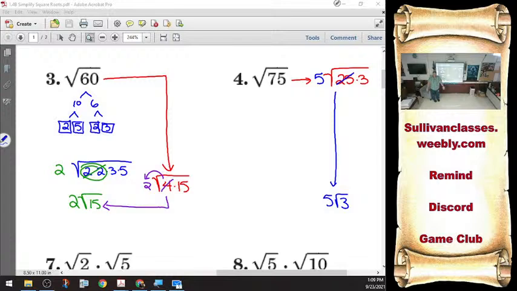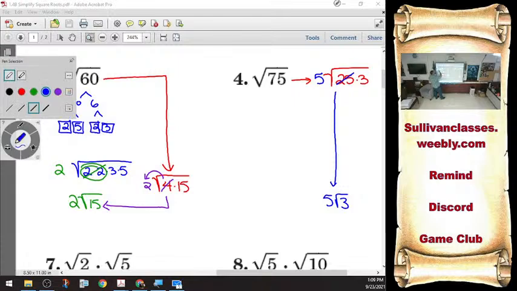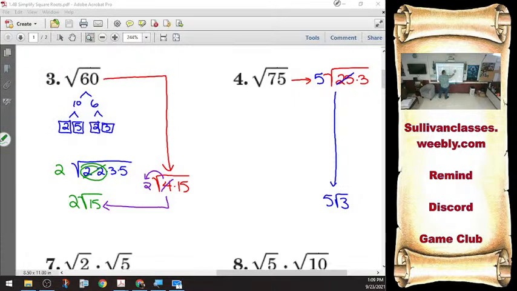They just know it. Just like if I asked you right now, what is 0.33333333 as a fraction? 1/3. You've seen that enough times that you just know it now. Okay? If you don't just know it, you do this.